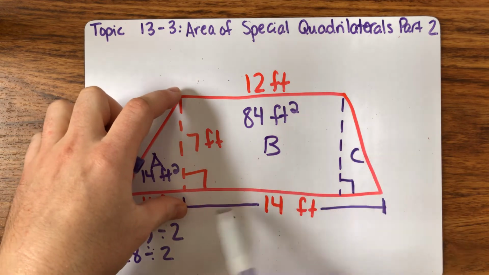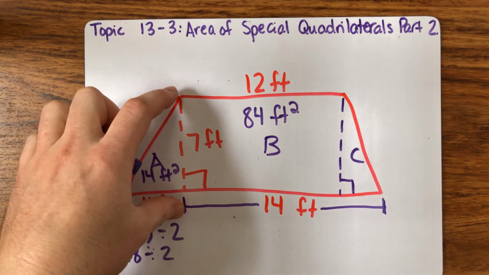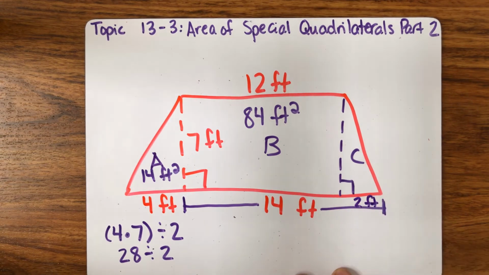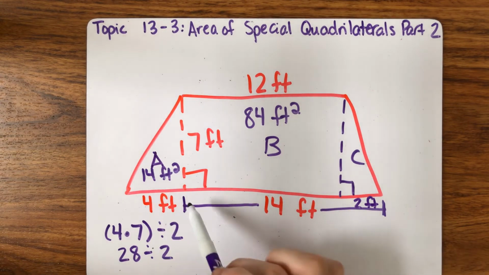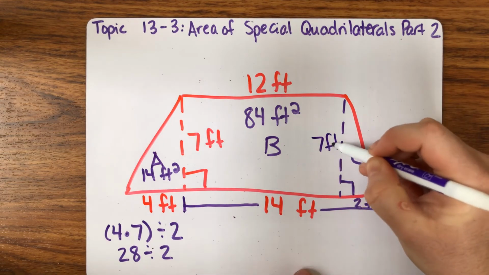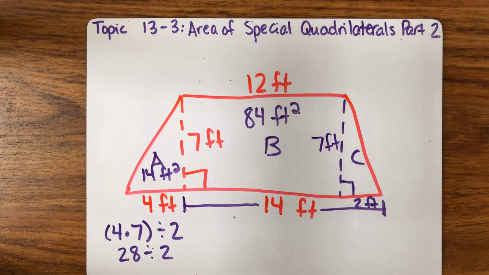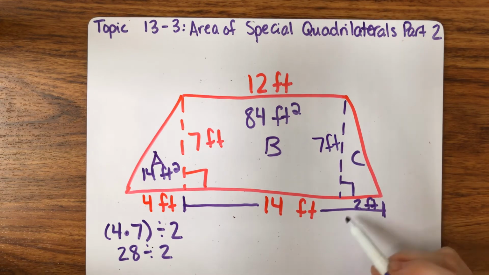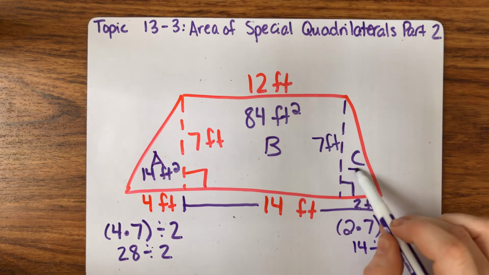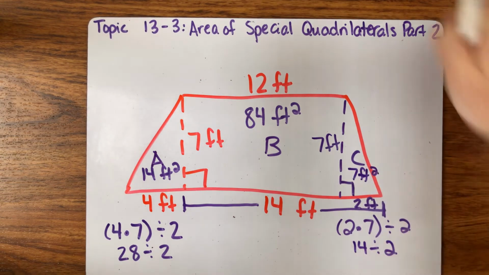If this is 12 and the whole thing's 14, this base should be 2. 14 minus 12. And then if this height's 7, then we know that this height is 7 feet. So now the base is 2 times the height is 7, divided by 2. So 2 times 7 is 14. 14 divided by 2 gives us 7 feet squared as our answer.